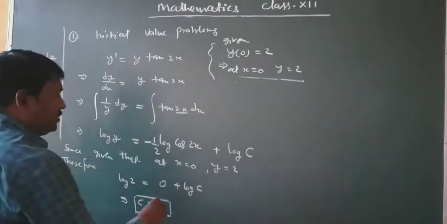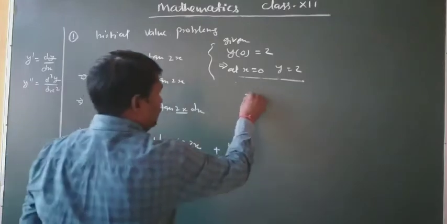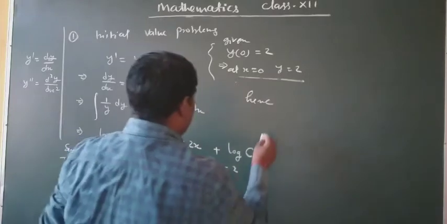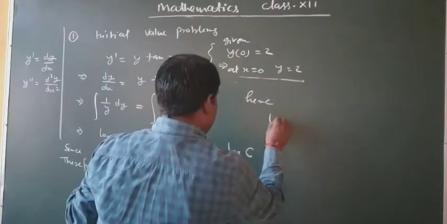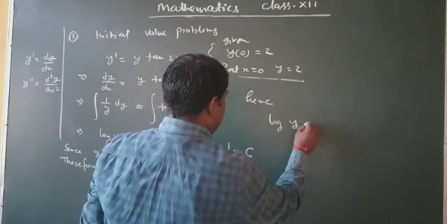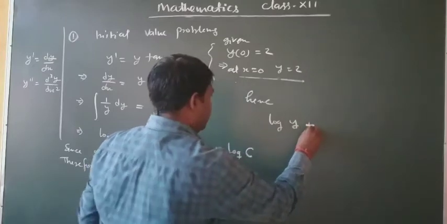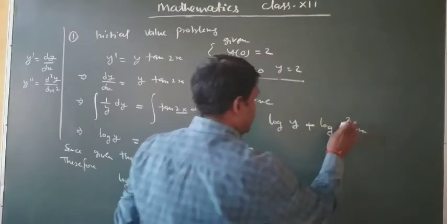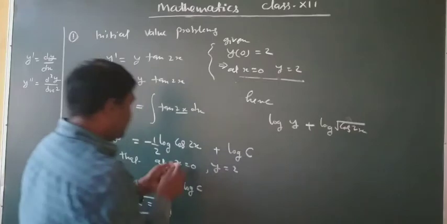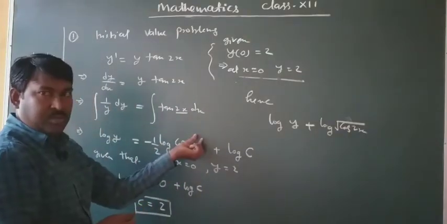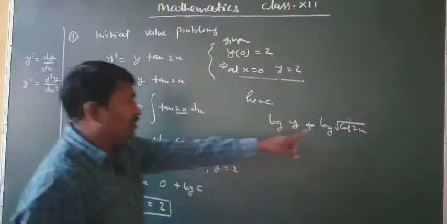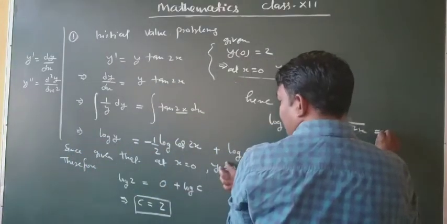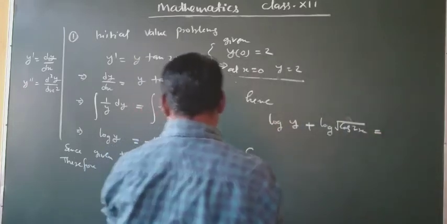Hence, the solution of this differential equation will be log y plus log under root cos 2x, since cos 2x power 1 by 2 means under root cos 2x, is equal to, the value of log c is log 2.